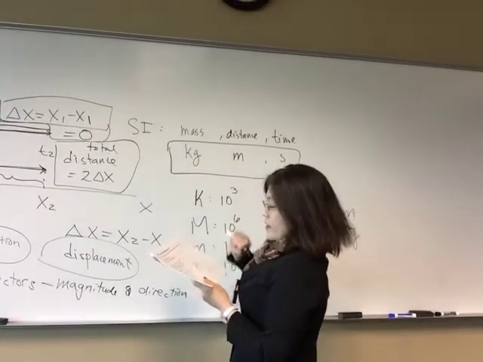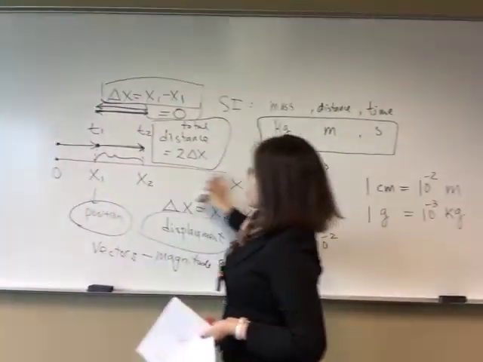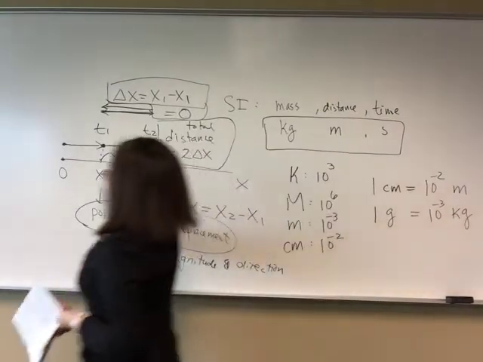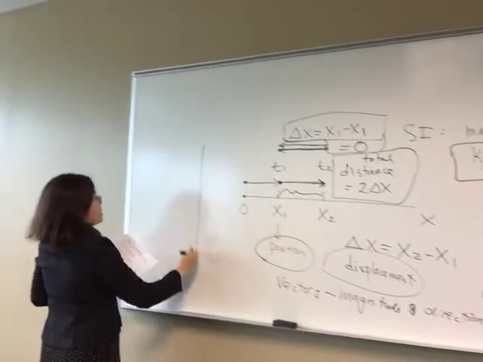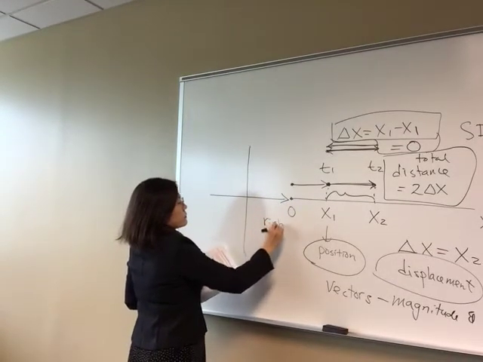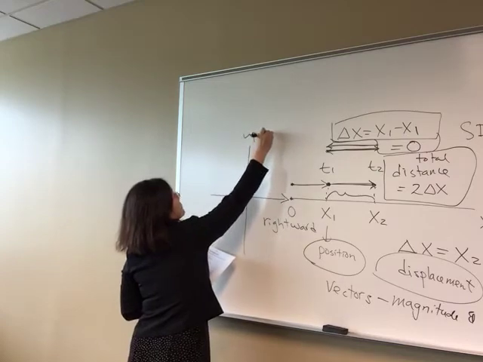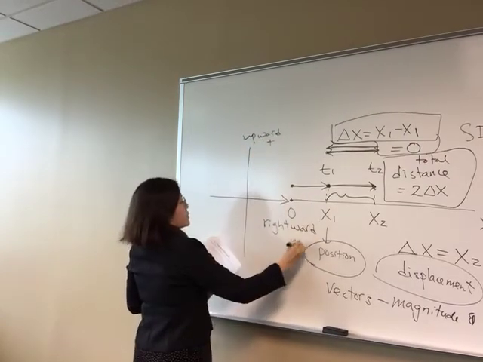Now you can see that this is rightward, so we define it to be like that. We need to define a sign. Rightward and upward are all positive.